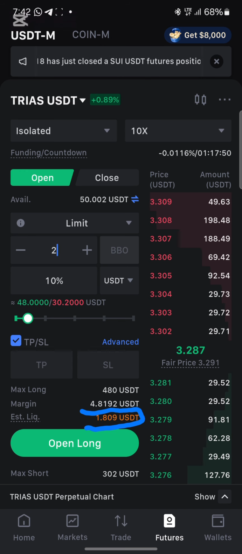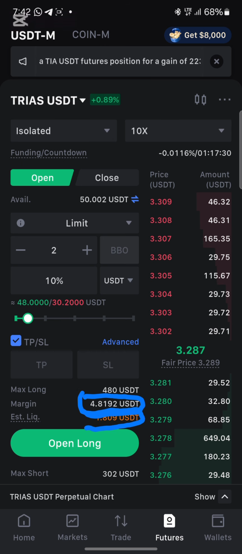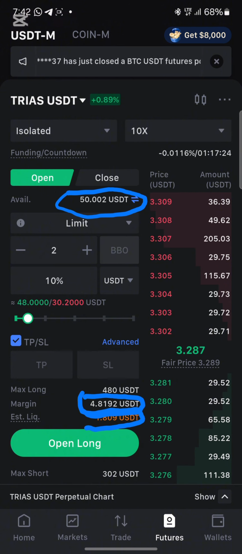What will be my loss is this 4.8. I am not going to lose the entirety of this $50. So in isolated margin, the only thing I can lose is this margin. That is isolated margin.